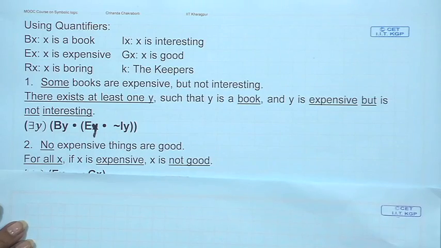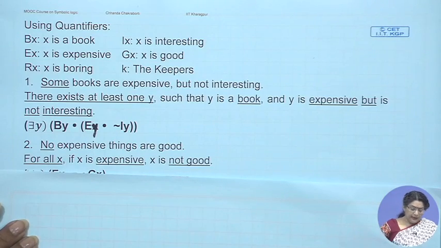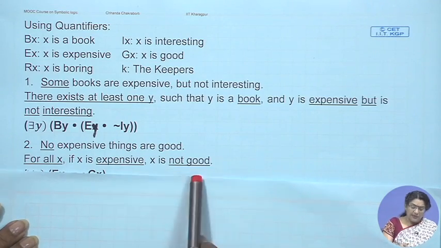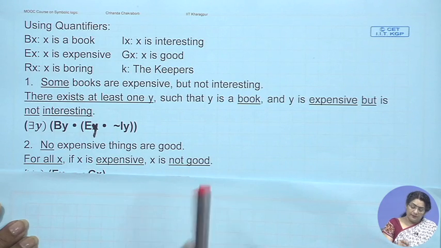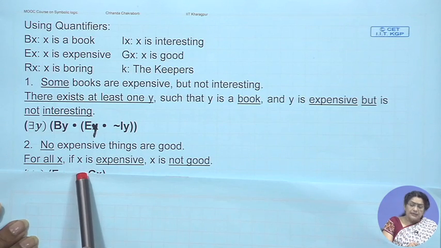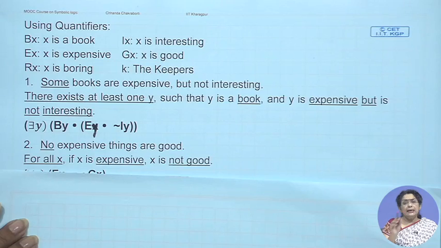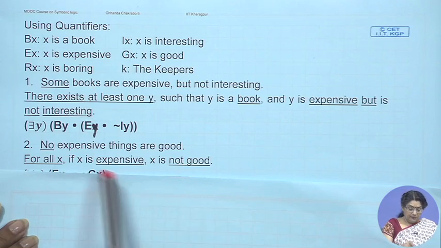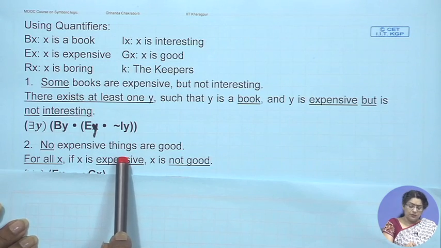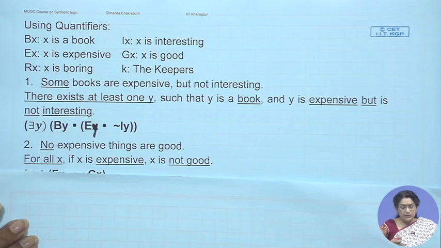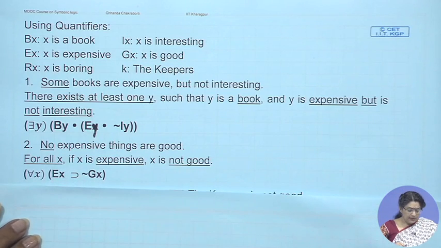So, suppose you say that for all x, then if x is expensive, x is not good. X is what? X is anything in your domain. That is what it says, no expensive things are good. So, once this is done, the translation will become easier. For all x, if x is expensive, x is not good.